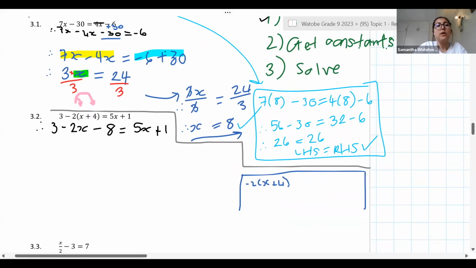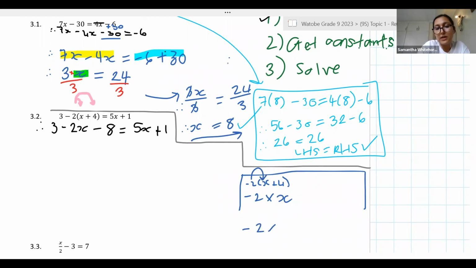So basically, when we multiply this, I'm going to do it step by step. I've got a -2x or -2 times x because I need to multiply that with the x. And I've got the -2 times the +4 because I need to multiply the -2 with the +4. Now this is where we can use the little SNV trick where we first do the signs, then we deal with the numbers, then we deal with the variables. In the first one, I've got a negative times a positive.